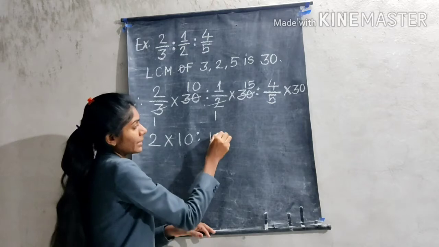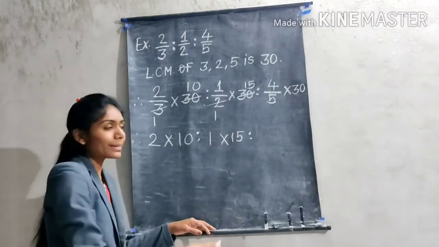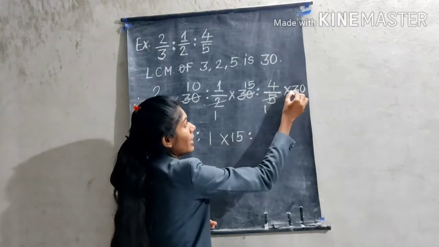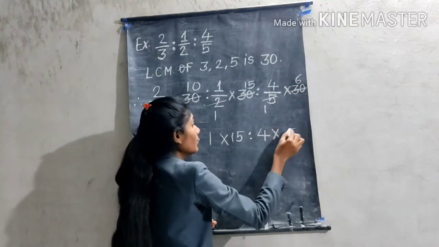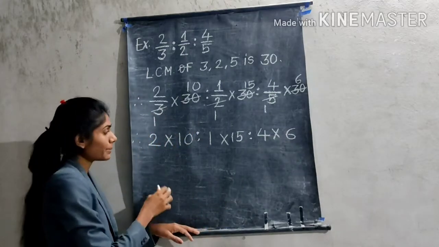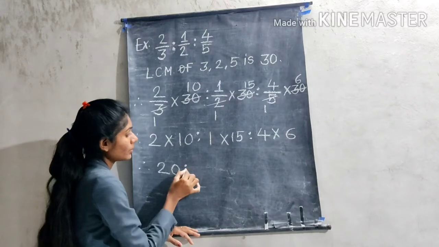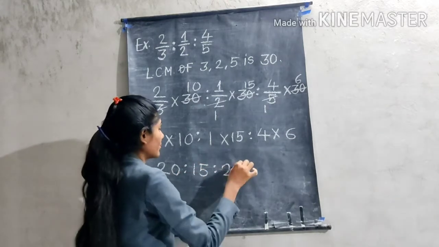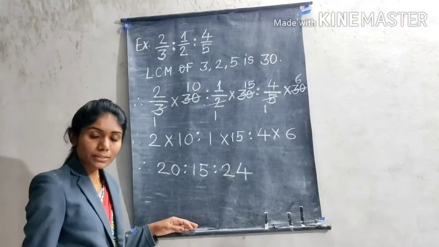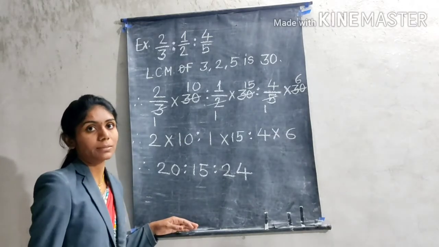So it will remain here 1 into 15. In the third quantity 5 ones are 5, 5 6 are 30. There is a 4 into 6. Let's multiply them. 2 into 10 20 is to 15 is to 24. This is the simplest form for the given question.